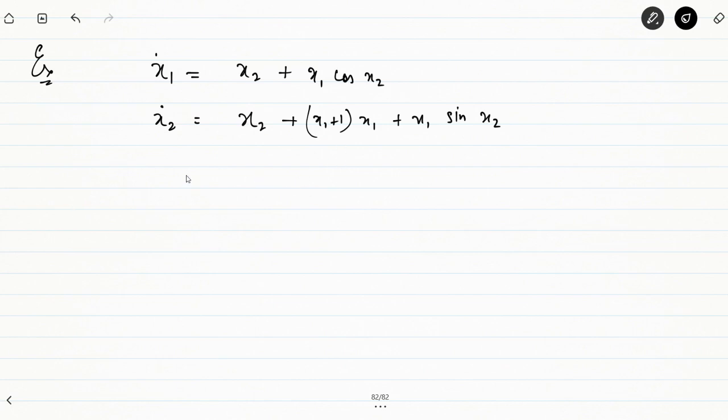You can substitute x1 dot equal to 0 and x2 dot equal to 0, and you can find out the equilibrium points of the system.